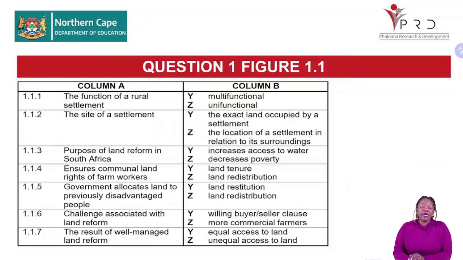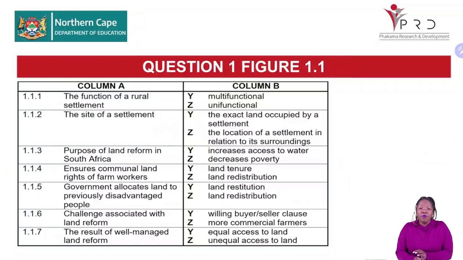So I'm going to give you 1 minute per question, which means you're going to have 7 minutes to work on this. After 7 minutes, you will be able to do the correction. So you read, for example, your 1.1.1, the function of a rural settlement. Then you choose between Y, which is multifunctional, and Z, which is unifunctional.